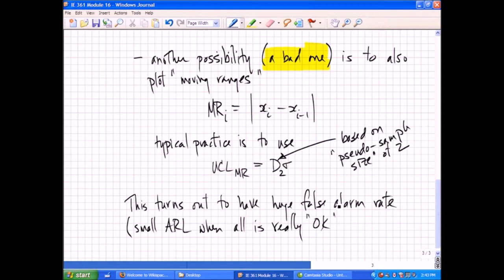And as a matter of fact, instead of being something like 370, it's more on the order of 100. So a reason not to do this is that it typically produces all kinds of false alarms. It's just not a very wise thing to do.